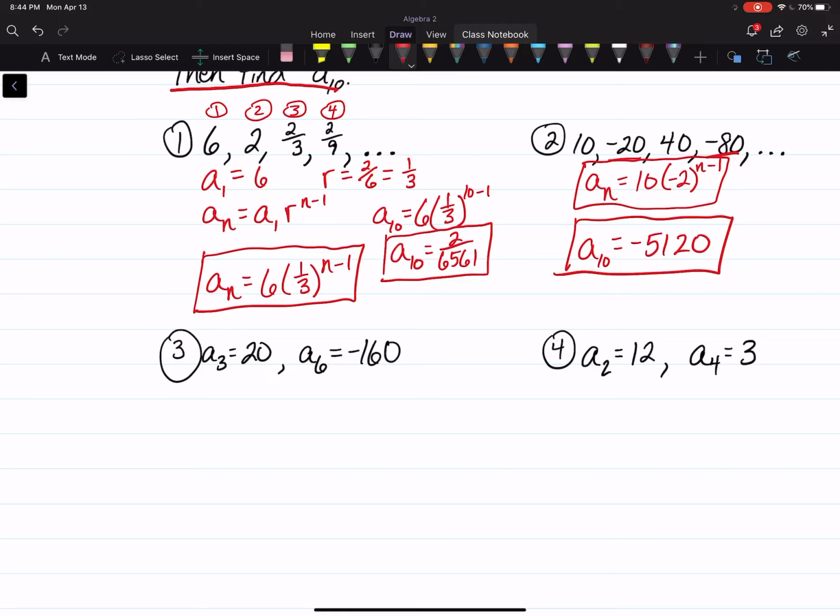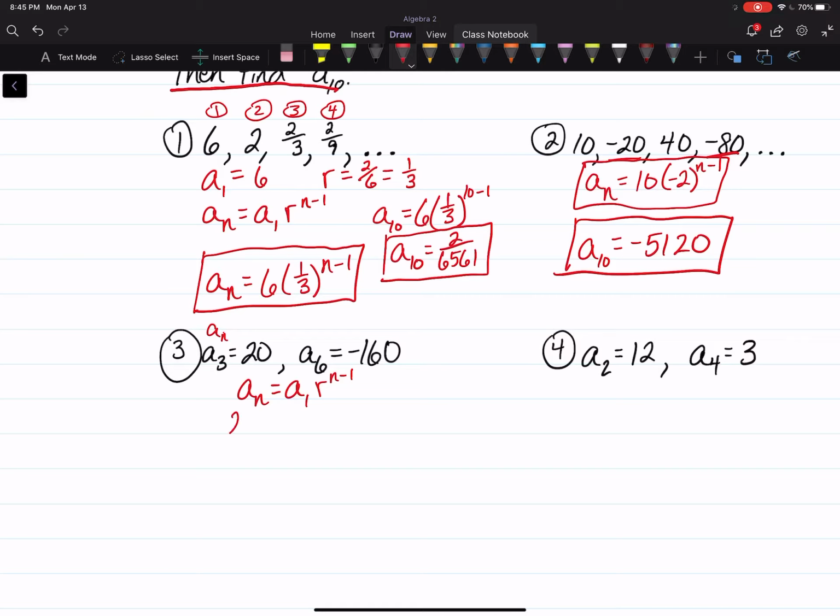So here, again, we're using our geometric sequence rule, a sub n equals a sub 1 times r to the n minus 1 power. Basically what they've given us here is what a sub n is. For this one, n is 3 and a sub n is 20.